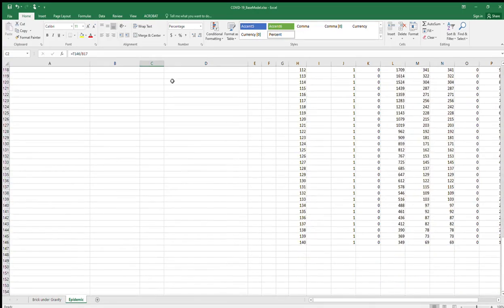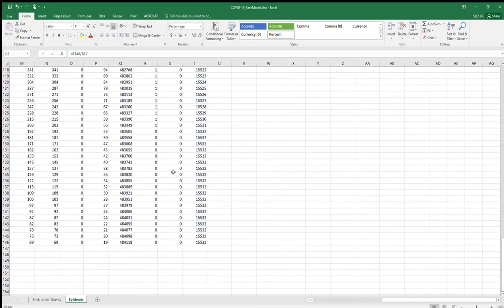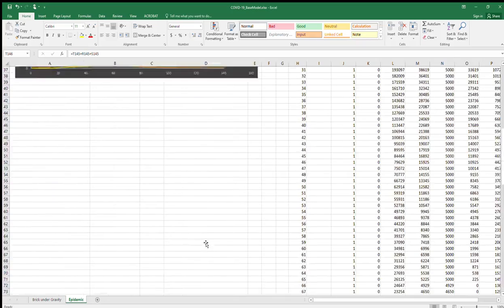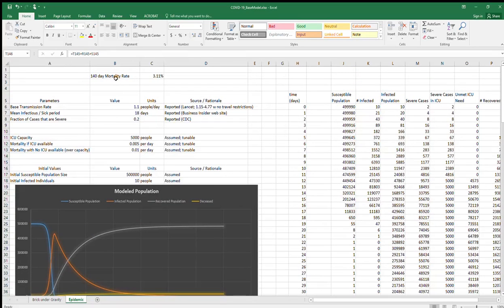So if we go down to day 140, and over here on the right, this cell down here is T146. That's the number of deceased individuals on the very last day that's being modeled here. And if that's divided by the number of susceptible individuals, that gives us a mortality rate. I don't know why that moved.